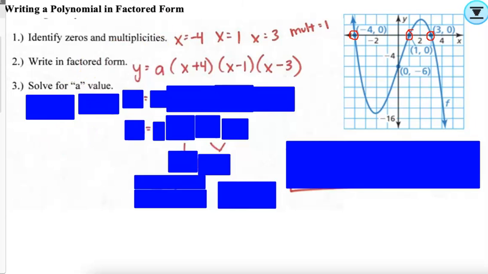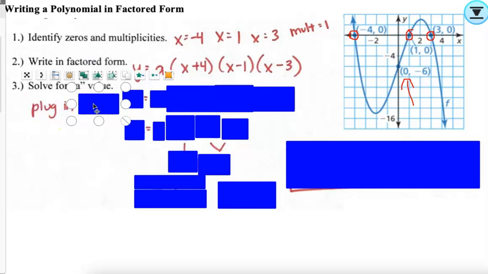So let's solve for our a value. They are going to give you a random point. For our problem, they gave us the y-intercept. They could give you not the y-intercept, and you would just use another point. So I'm going to plug in my point, (0, negative 6), into this equation.